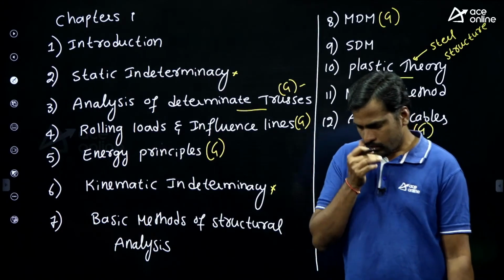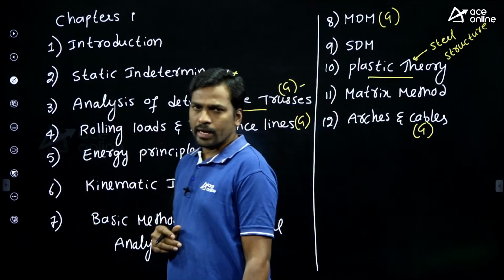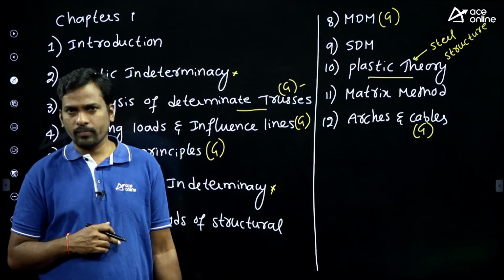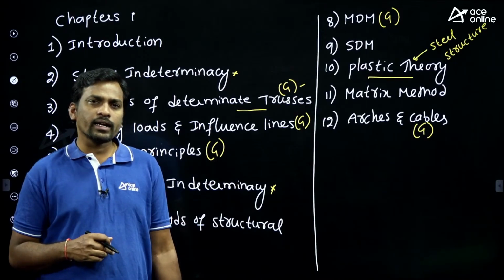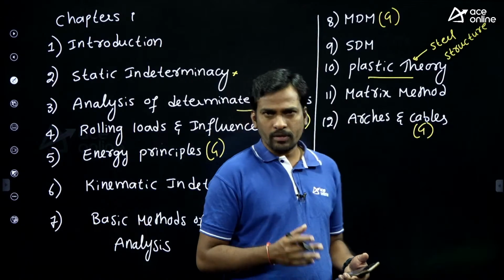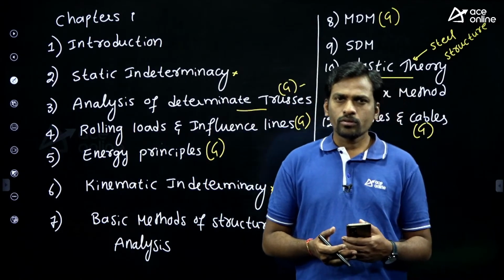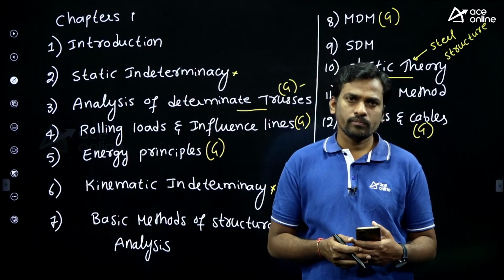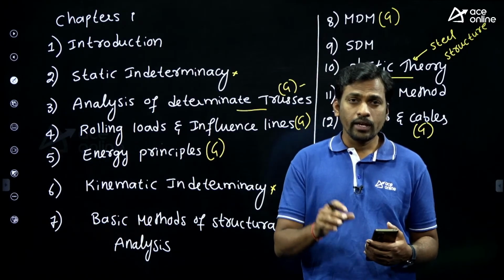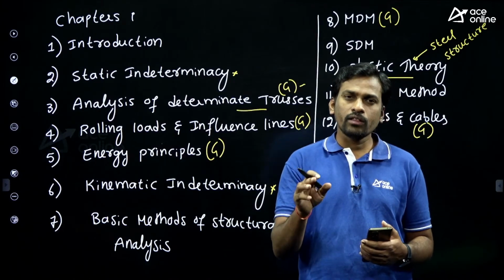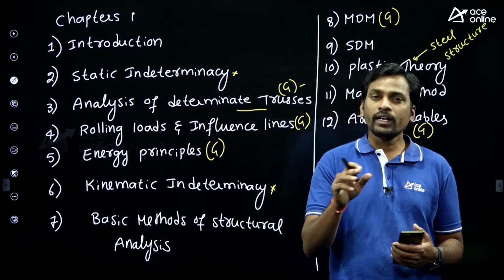We have to draw the ILD for statically determinate and indeterminate structures. To draw ILD for statically indeterminate structures, we use the Muller-Breslau principle. So concentrate more on determinate structures first. First priority. I'm not saying skip the indeterminate structure, I'm saying give the first priority to determinate structures.